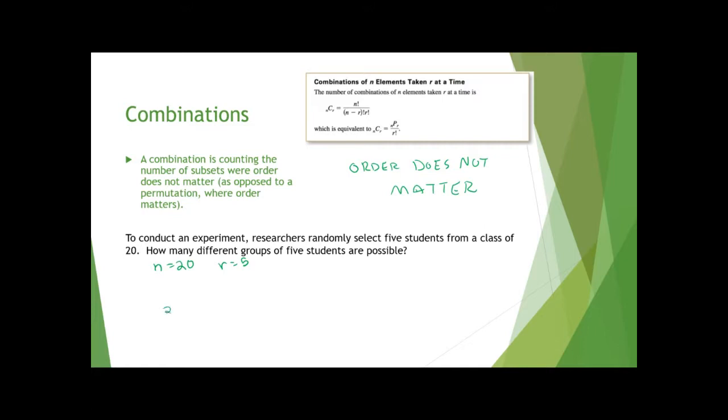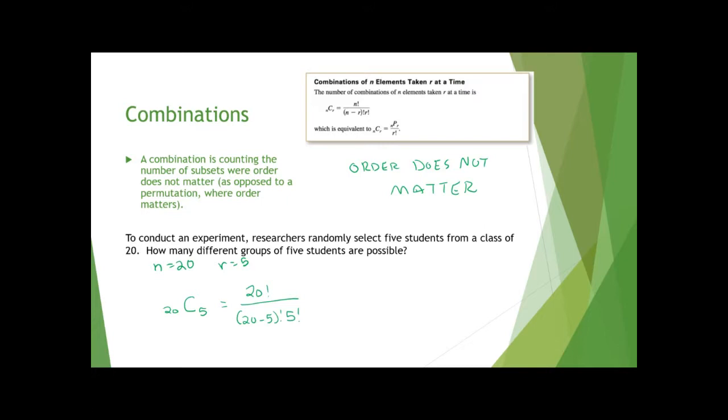So this would be 20C5. That's 20 factorial over (20 minus 5) factorial times 5 factorial.